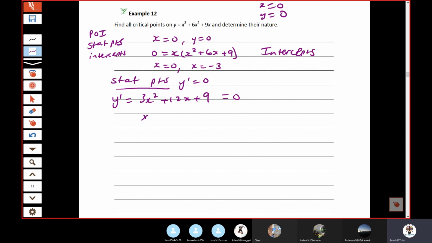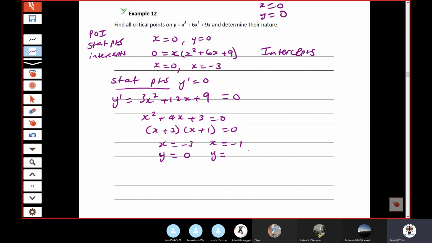Divide everything by 3. (x plus 3)(x plus 1). x equals negative 3, x equals negative 1. We already know if we sub in negative 3, didn't we just say that it's an intercept? So we already know that y equals 0 there, but if you sub it in, you'll still get y equals 0.